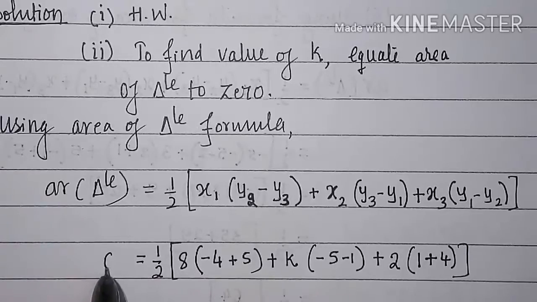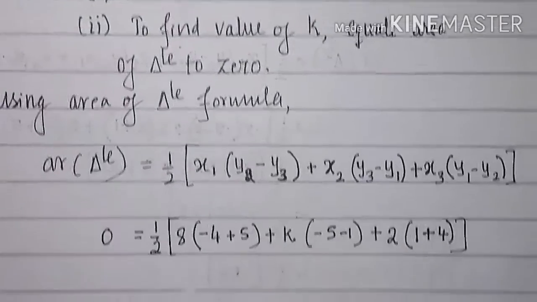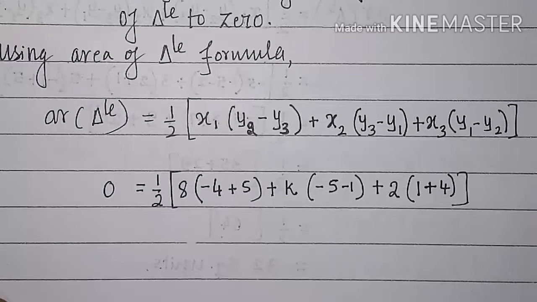Equating the area of this triangle to 0, and transferring 2 on this side, 2 into 0 will become 0.